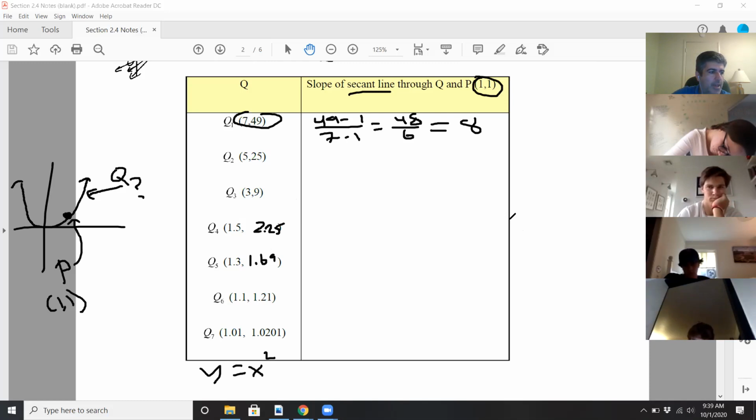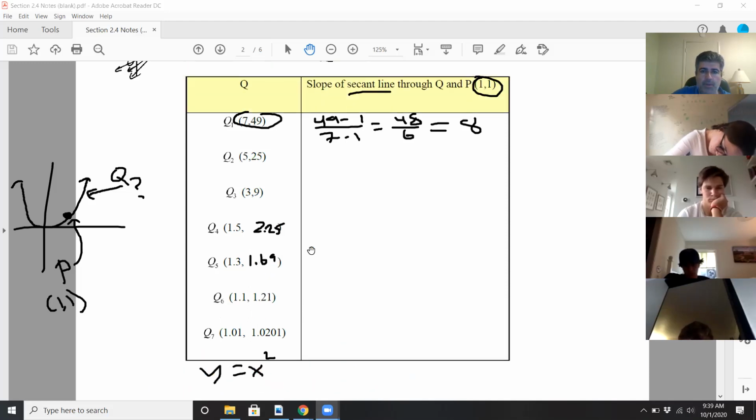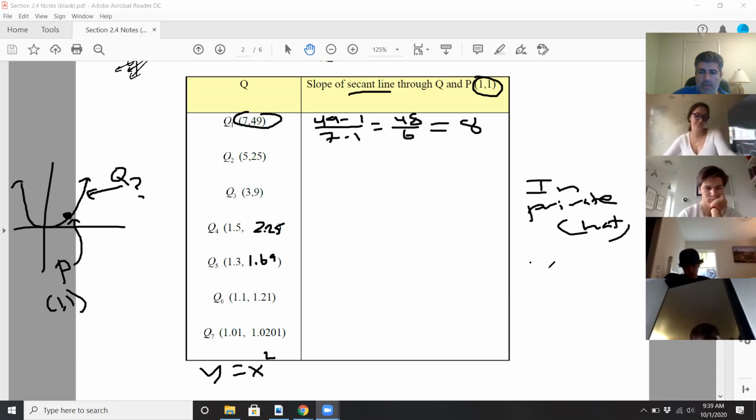And what I want you to establish is the question down below. Does the slope have a limiting value as Q approaches P? If so, what is it? So go ahead and just calculate 6 more slopes. And in a private chat, what is the slope approaching?